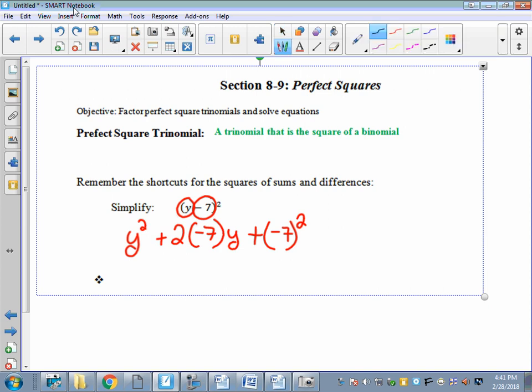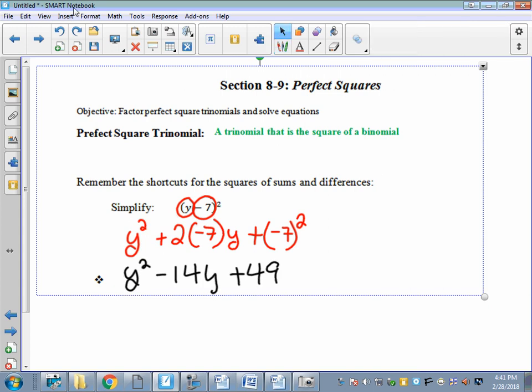So if I finish this all the way through, I would have y squared minus 14y plus 49. Just a reminder of what they would look like if we actually had them factored all the way out.